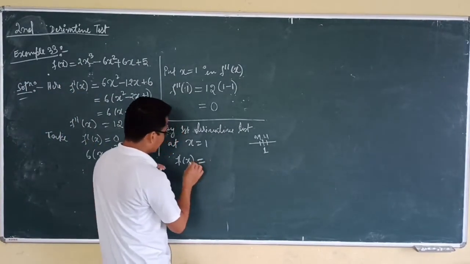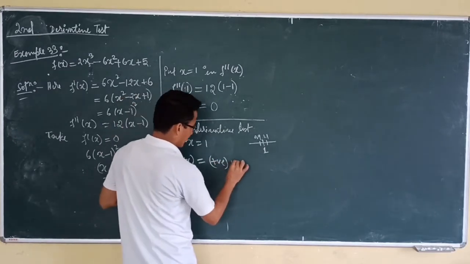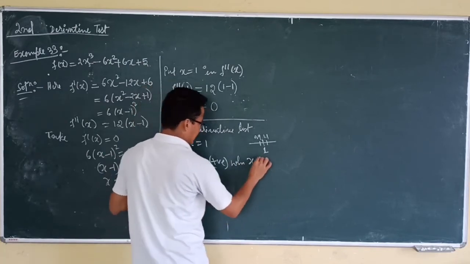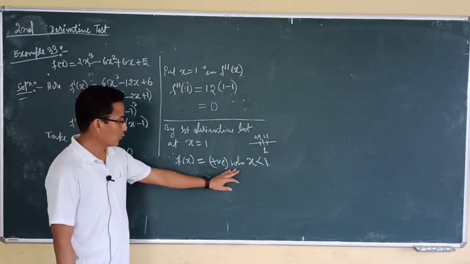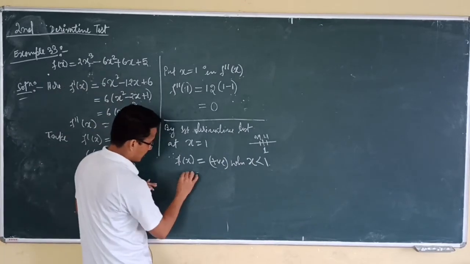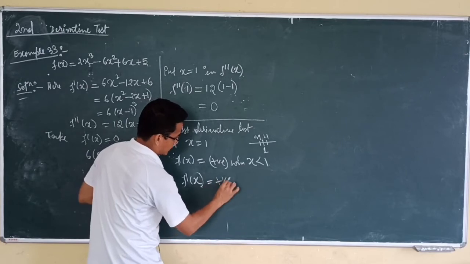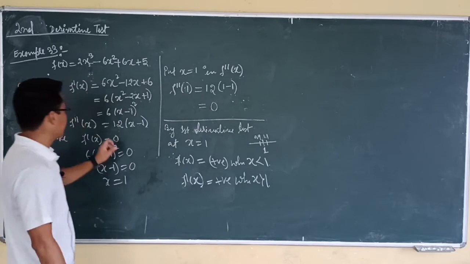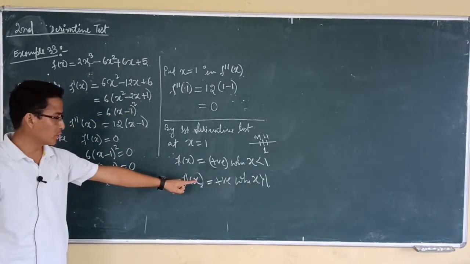So we get positive value when x is less than 1. This is also positive when I take x greater than 1. If I take the greater than 1 value, 1.1, then also I will get the positive value.